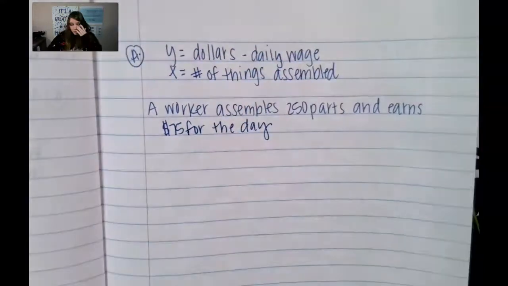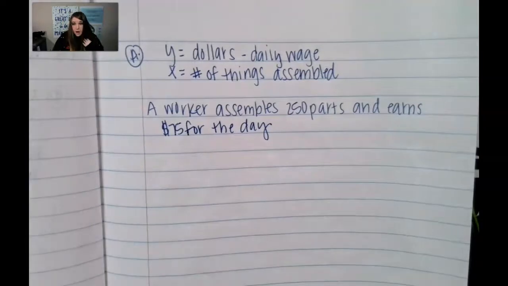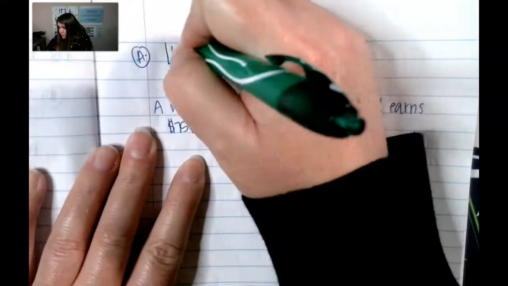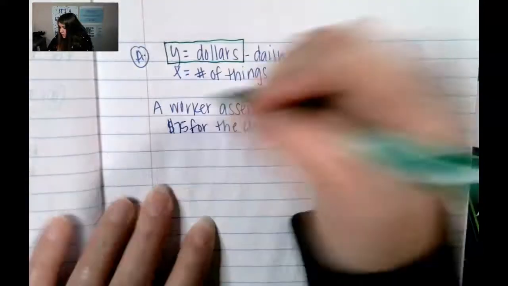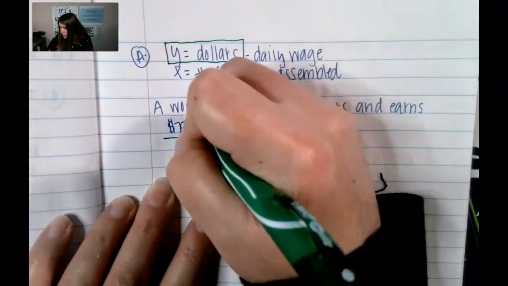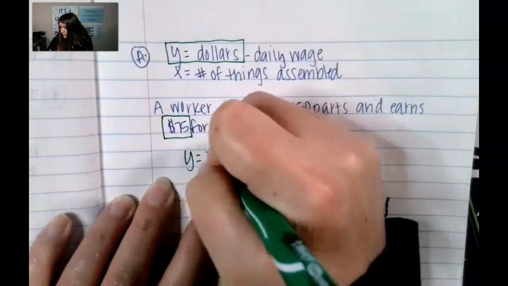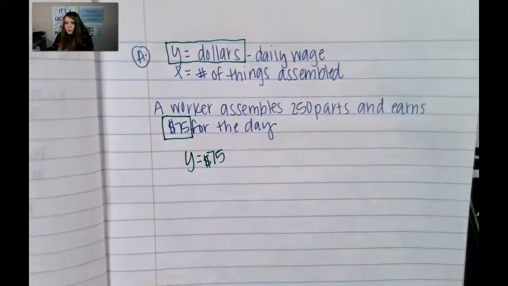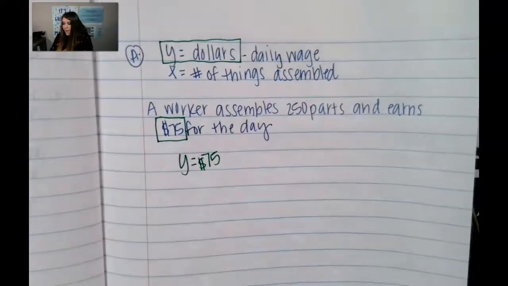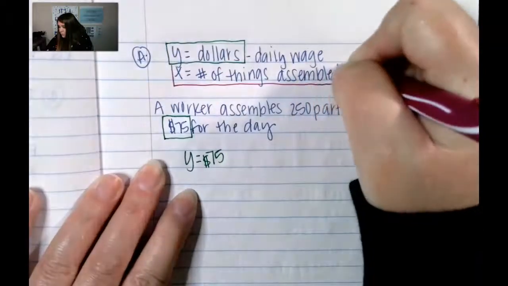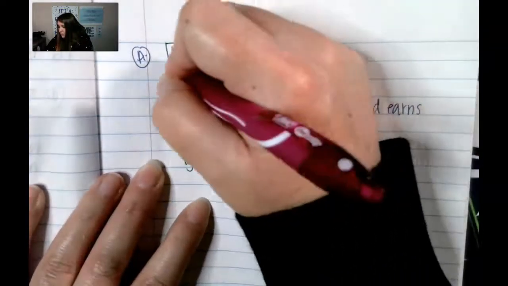Okay, so now let's look at our X, figure out which is X, and then we're going to figure out which is the Y. So Y is the amount of money in dollars. So in our equation, $75 is Y. So Y equals $75. Okay, our X value is the number of things assembled. So how many things did they make?